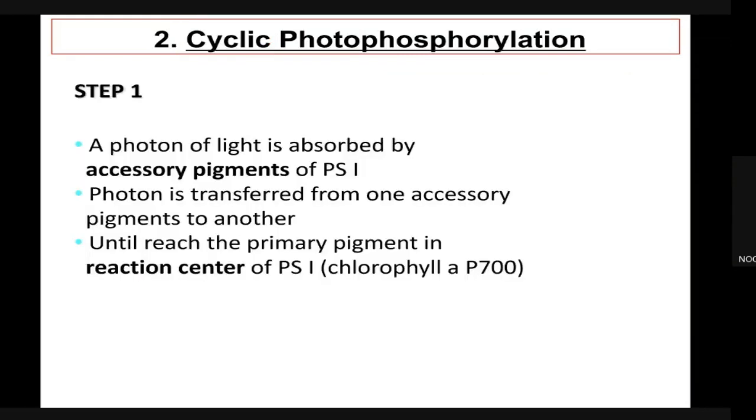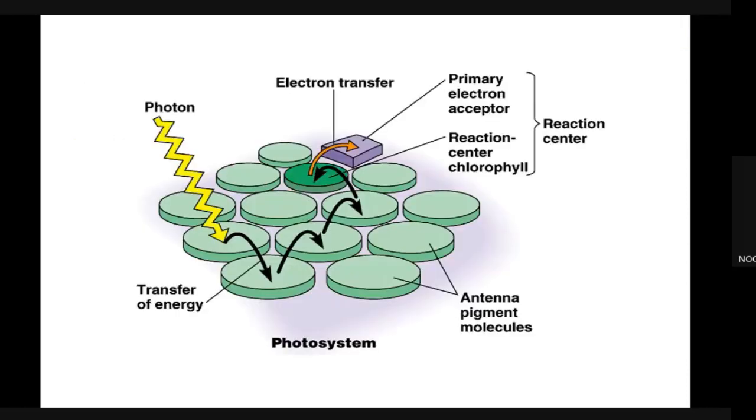Similar to what happened in non-cyclic photophosphorylation, step 1 in cyclic photophosphorylation is when the photon is absorbed by the accessory pigments of PS1. Then the photon is transferred to the primary pigment in the reaction center.